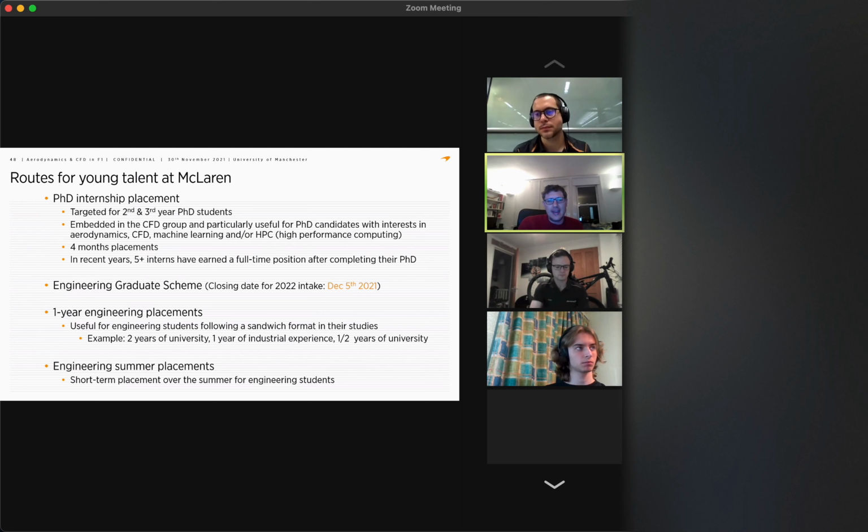We then have 1-year engineering placements and also summer placements from time to time, but that's a bit more rare. If you have any questions about this, you can always contact us, and there's also the career website, careers.mclaren.com, where all of those offers are always published.